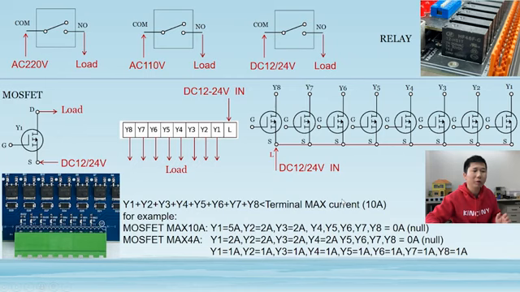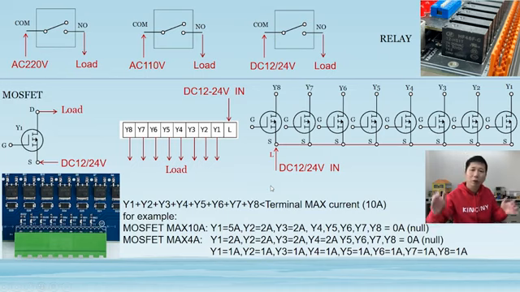Because if all loads are turned on together, this terminal, this L, has a large current. If you can make sure all your loads will not turn on at the same time, then some of the current can be large, no problem.